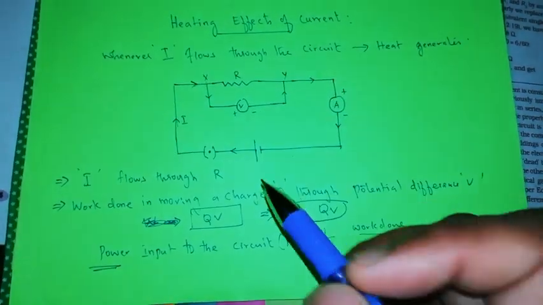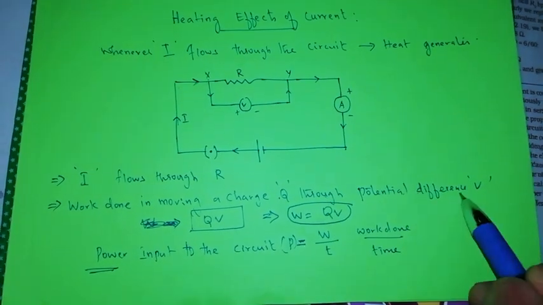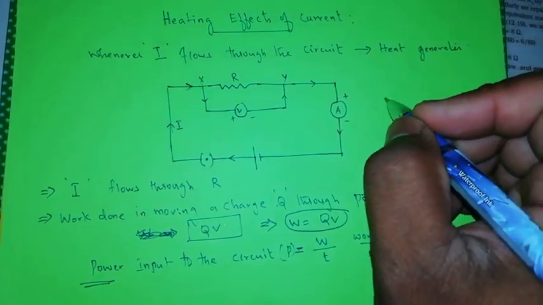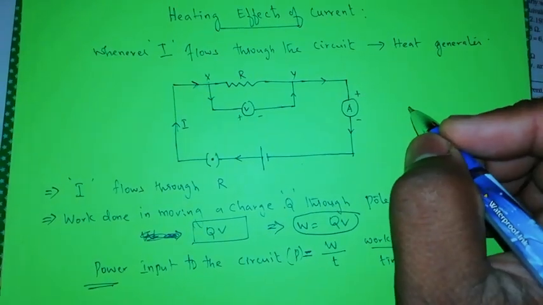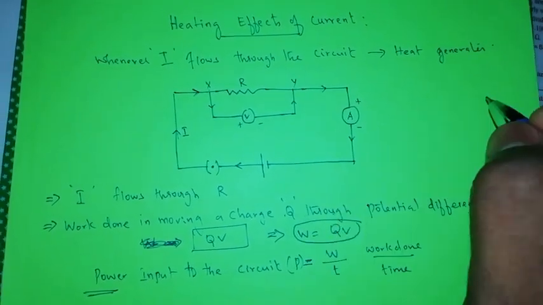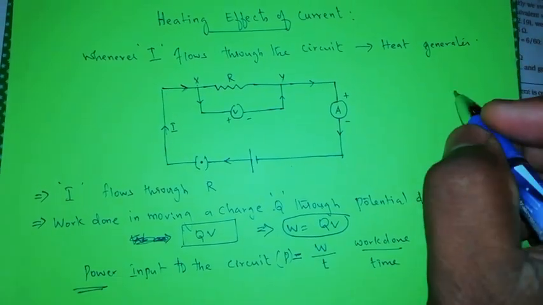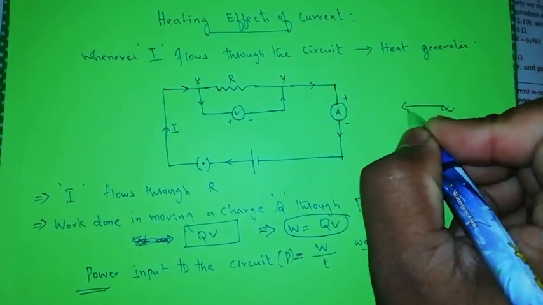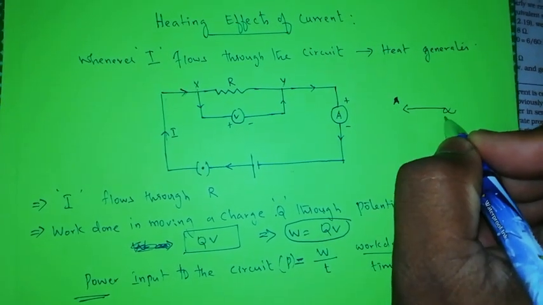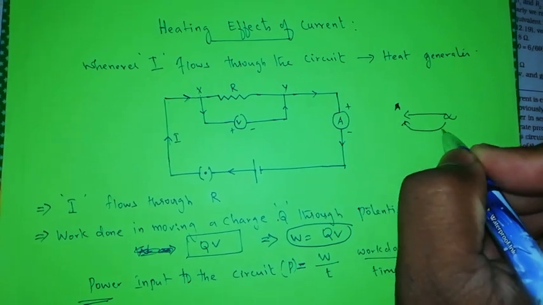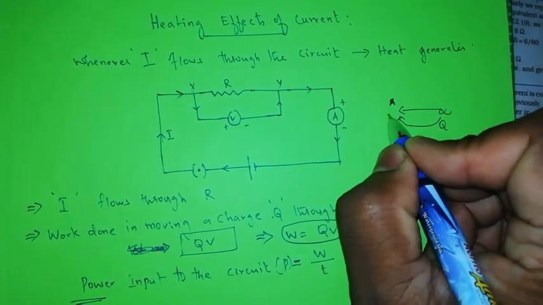There is some amount of work done in moving a charge Q through the potential difference. I want to remind you of one thing. When we learned about potential difference, I gave you an example of Rahul and John. Rahul is bringing a charge from infinity to one place, like A, and he is doing some work in bringing the charge.